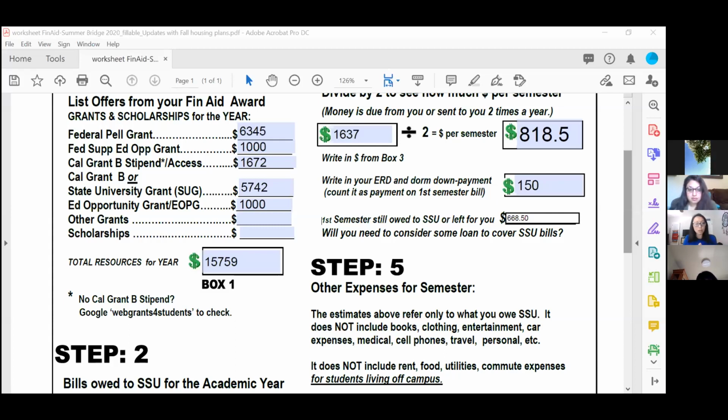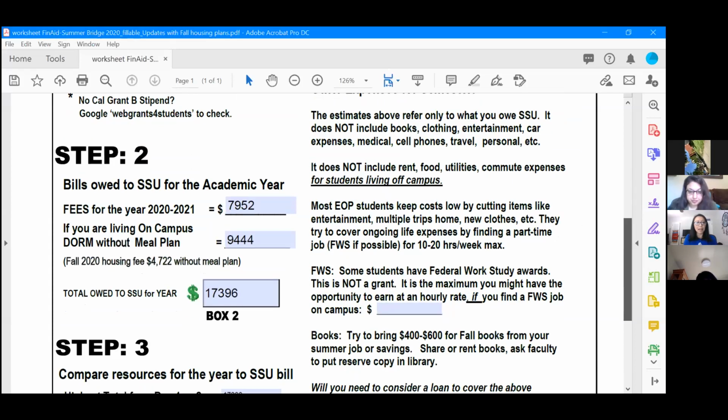But for fall semester, there's no meal plan, okay? And so the fee that you see here, that $9,444, particularly that $4,722 for fall, is without the meal plan. Okay, so thank you for that question.